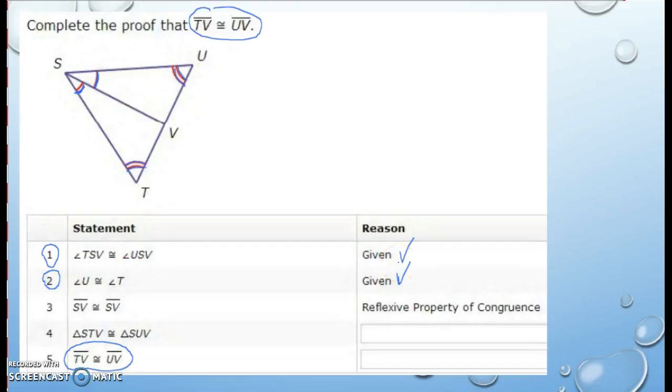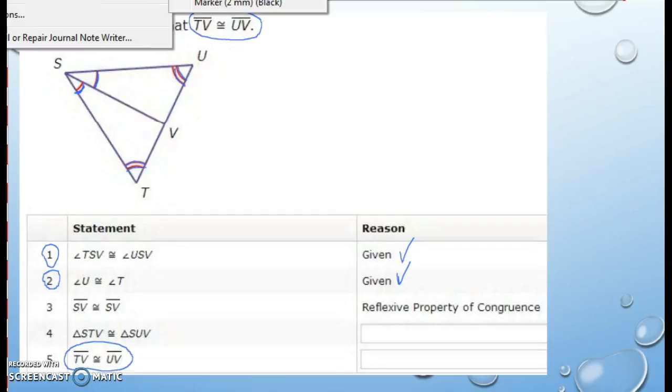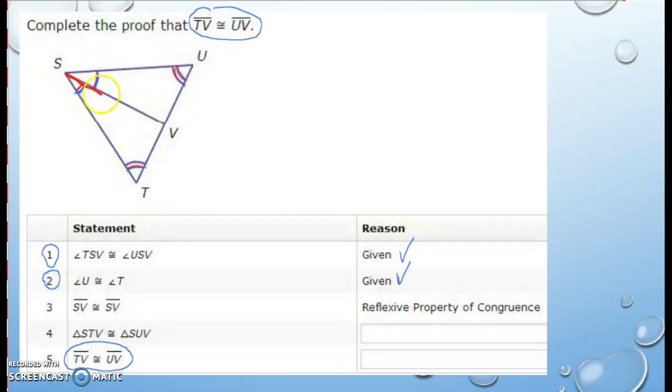That's also given. Now remember, it's always easy to look for any common parts shared by triangles. And again, we see that here. One more pattern that we should get used to seeing is that SV is shared by both the top and bottom triangles. So SV must be congruent to itself by the reflexive property of congruence. So now I've shown one angle here is congruent to this angle, another angle over here, and then I've shown the not included side, this side right here.